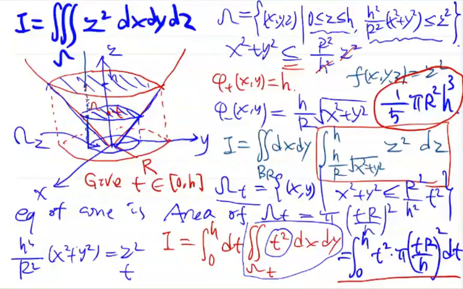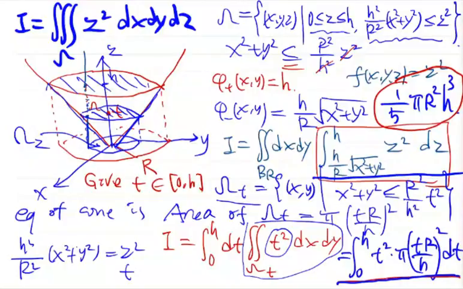I ask you to complete the computation of the first method. After you compute the inner definite integral, you need to compute the double integral over the disk. So you have a long way to go, very complicated. But with our second method, very quickly, our triple integral is converted to a single integral of a power function. You can compute the integral of the power function within a minute.